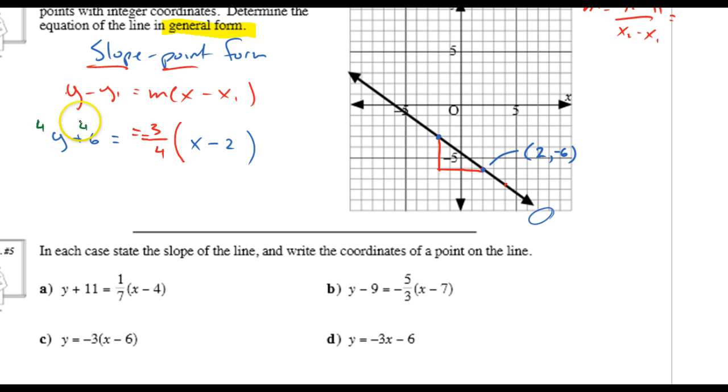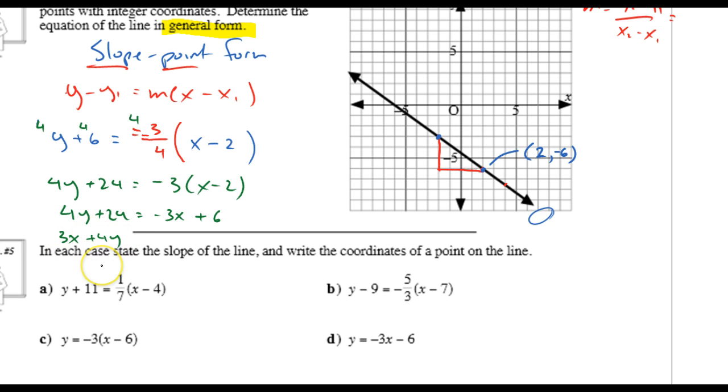Then I get 4y plus 24 equals negative 3x minus 2, so 4y plus 24 equals negative 3x plus 6. Finally, I get everything to one side. I'm going to get 3x plus 4y, and then 24 minus 6 is 18, so plus 18 equals 0.